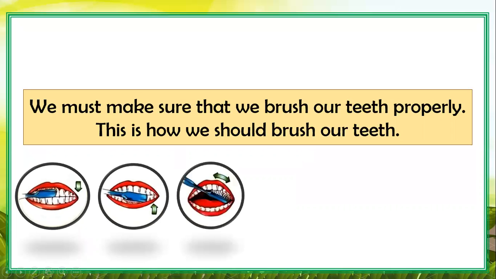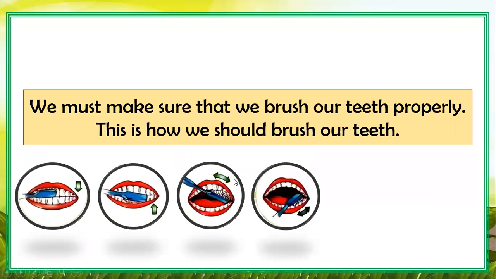Then we need to open our mouth and brush our upper teeth sideways. After that, brush the lower teeth sideways as well, from left to right or right to left.